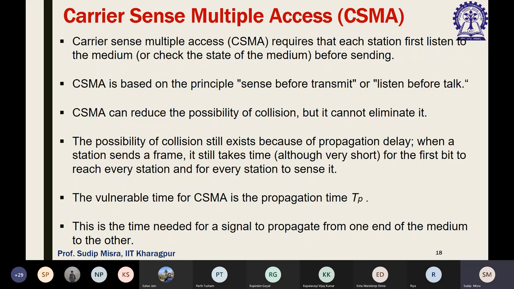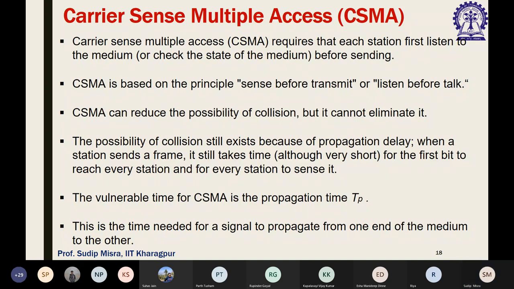Carrier sense multiple access basically says that if any station has a frame to send, it will first sense the carrier and then transmit. So it is the sense before transmit approach, also called the listen before talk approach.